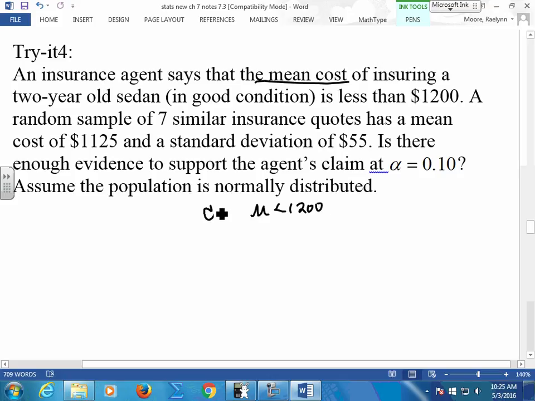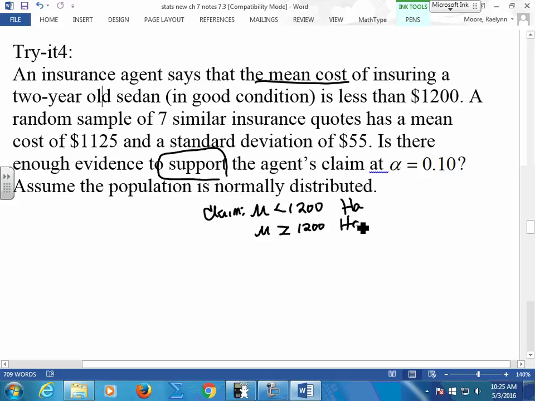This is the claim. Is it claim in H0 or in HA? HA. So somewhere down here, I should see the word, is there enough evidence to support the agent's claim, right? His claim is HA. So the opposite, the complement, is H0.